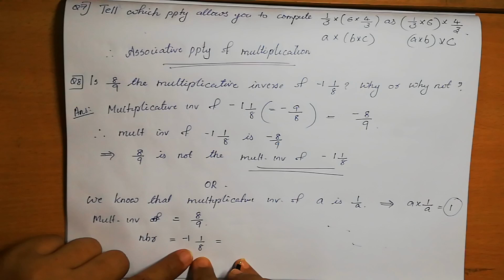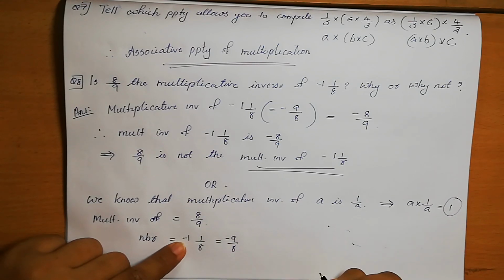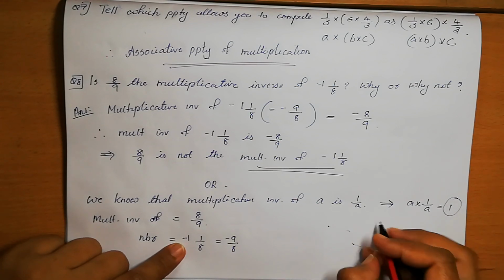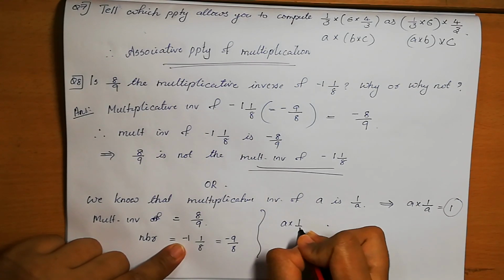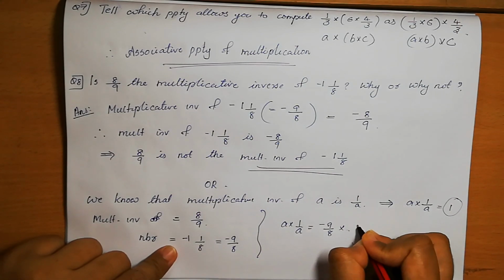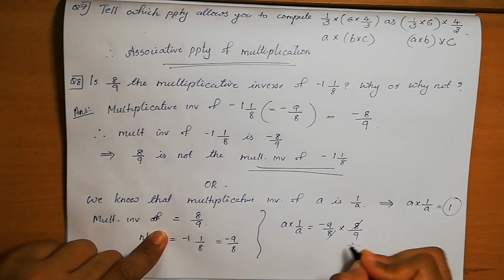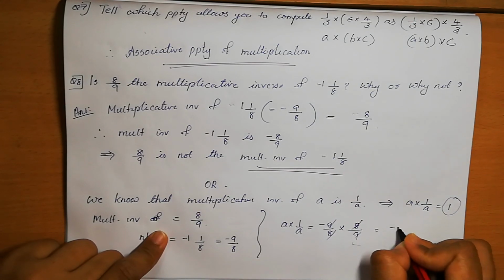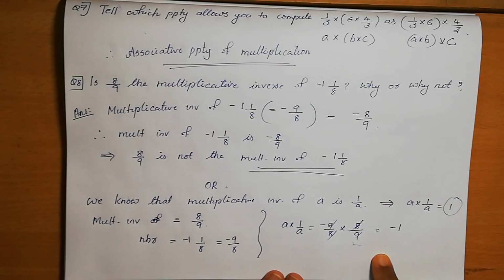Minus, 8 into 1 is 8, 8 plus 1 is 9, so minus 9 by 8, correct. So here we can verify: a into 1 by a means the number minus 9 by 8 into the multiplicative inverse 8 by 9. 8 cancel, 9 cancel, we get minus 1. So a number times its multiplicative inverse is plus 1 only, not minus 1.